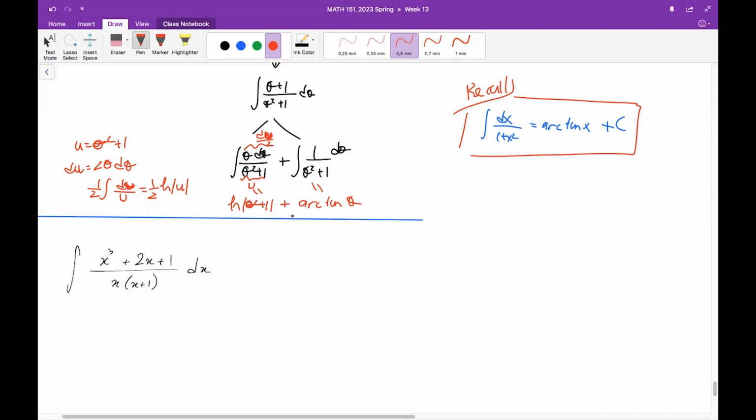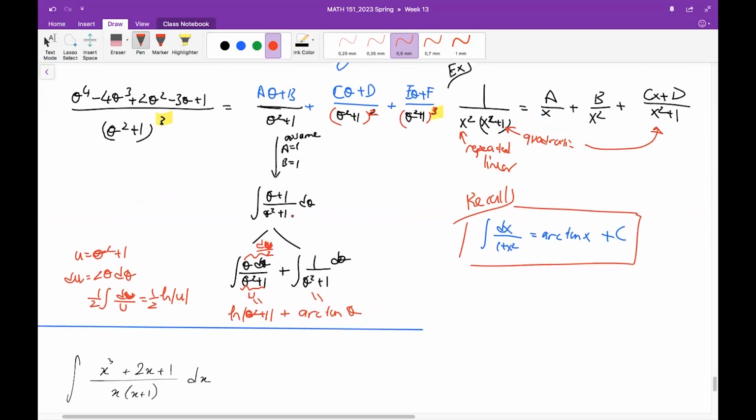Okay? So after finding the coefficients, I just assume here that we found them. The remaining parts become kind of simple to integrate. You can use substitutions or well-known results, rules like that.